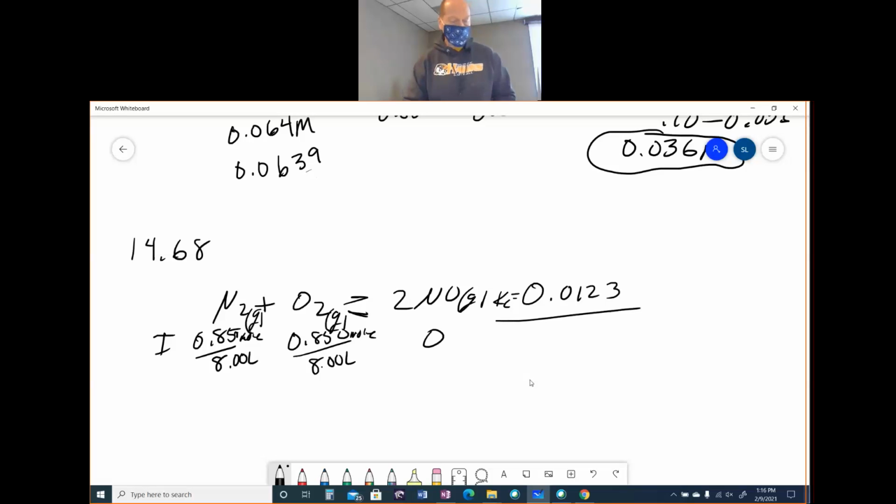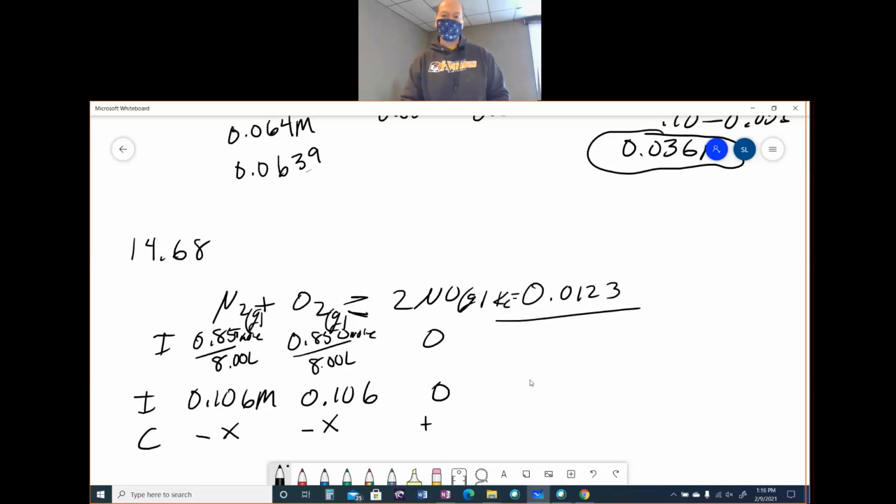All right, so that is a 3 sig fig, so that's a 0.106, a 0.106, and 0. All right, so you can't have 0, so you have to go to the right, minus the coefficient of 1x, minus the coefficient of 1x, plus the coefficient of 2x.